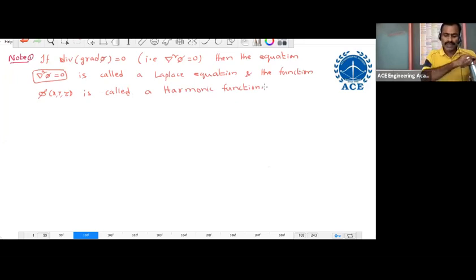Any solution of Laplace equation is called harmonic function.